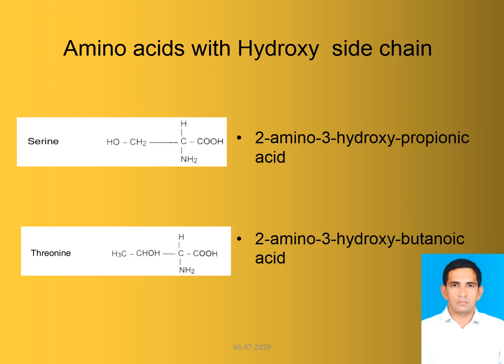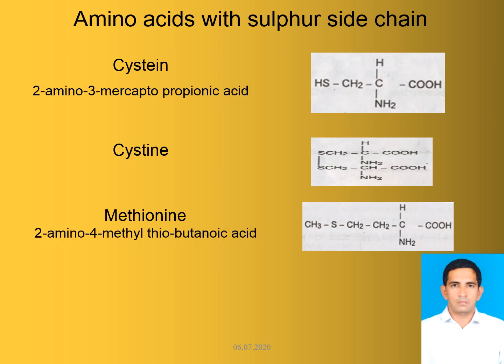Amino acids with hydroxy side chain: serine, threonine. Amino acids with sulfur side chain: cysteine, methionine.